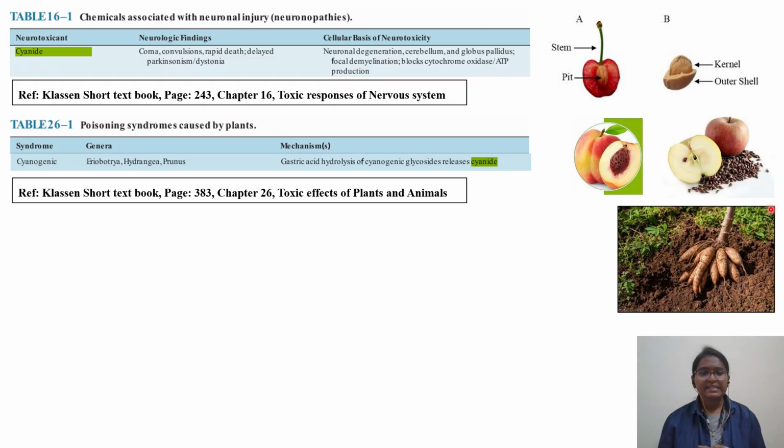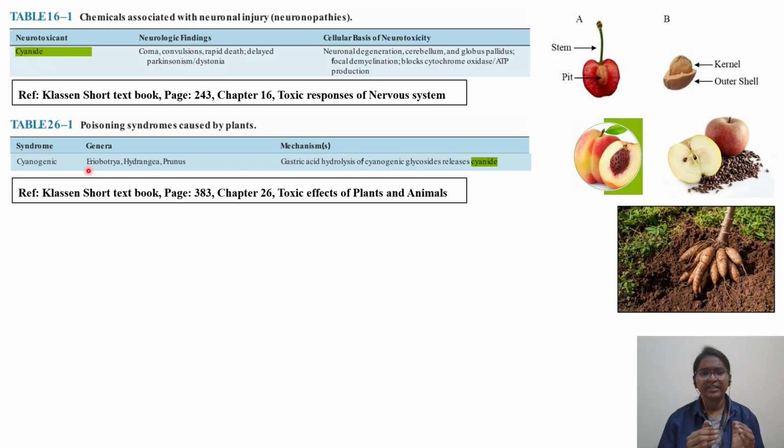Next, in addition, please read table 26.1, in which they have given poisoning syndromes associated with or caused by plants. In chapter 26, you'll come across the toxic effects of plants and animals. As I told you, cyanide is ubiquitous in nature. It is also present in plants, in the form of cyanogenic glycosides, you can say.